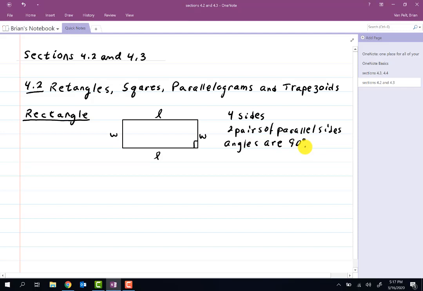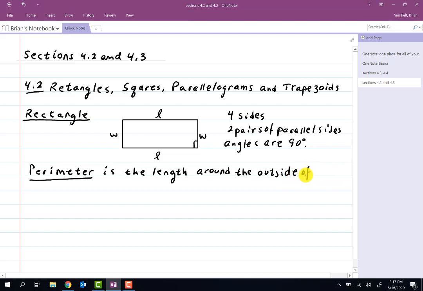For the perimeter, is the length around the outside of the rectangle.